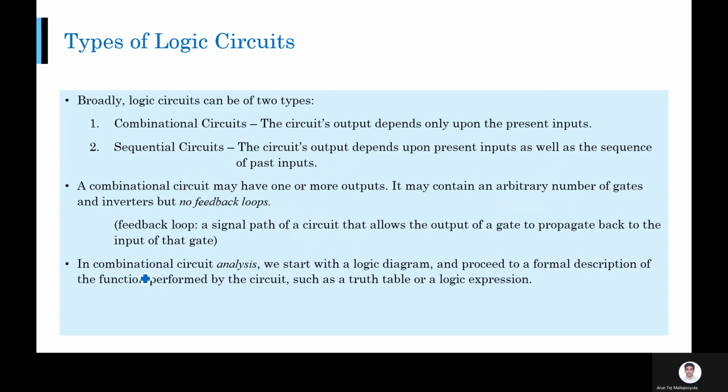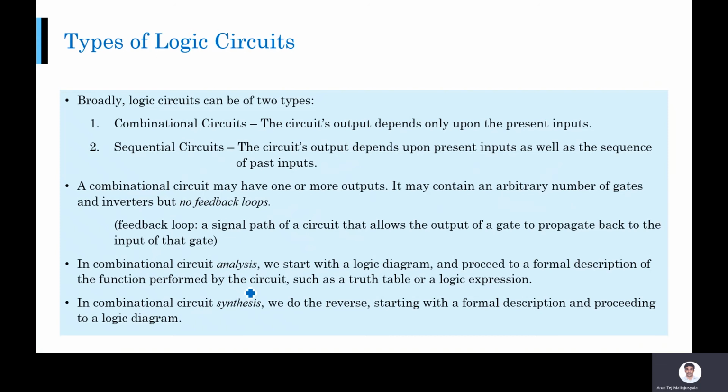So there are two major operations that we do. One is, given a combinational circuit, we need to analyze it, and the other one is we synthesize a combinational circuit. In analysis, what do we do?